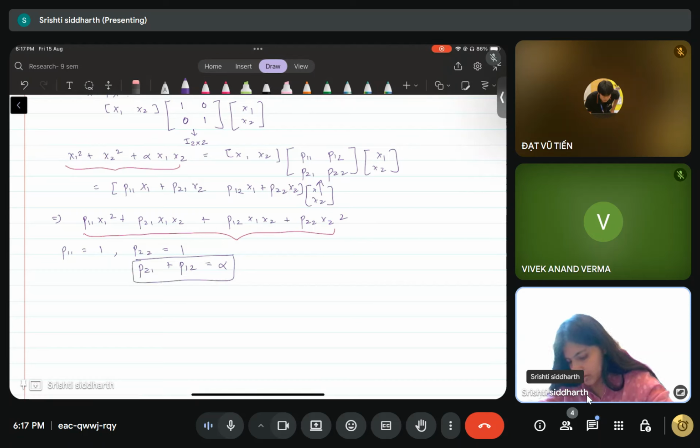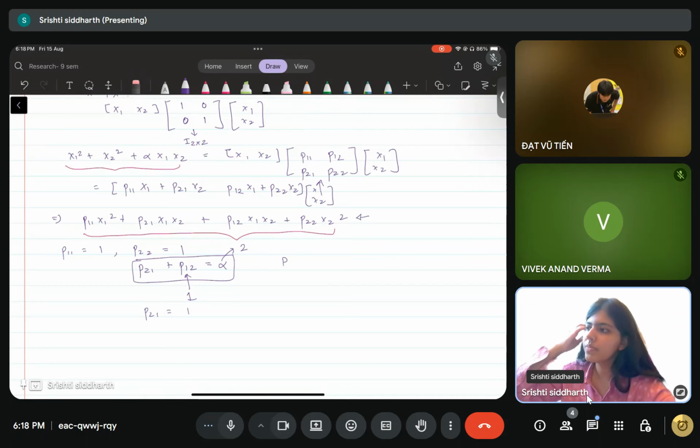If you have to construct the P matrix, you could fix one of them. Maybe this is 1, and there is some value of alpha, let's say 2. Then in that case P21 is 1, and you can construct the P matrix and comment whether that matrix is positive definite or not. Right now, at this stage, this is not enough to conclude the positive definiteness. This is clear.